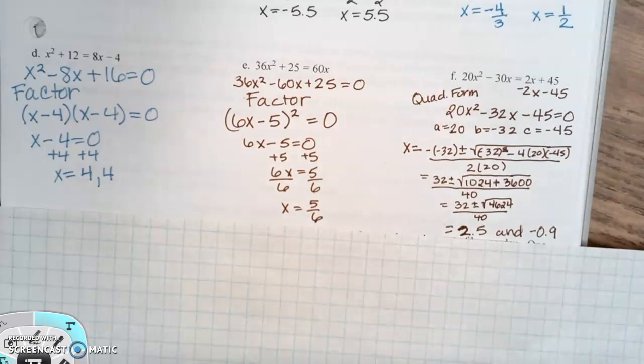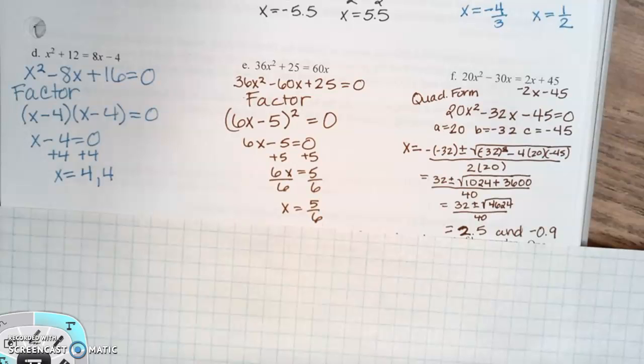Part E is 36x squared minus 60x plus 25 equals 0. This one looks super complicated, like, oh man, I should probably use the quadratic formula on this one. But it just so happens that we have a bunch of perfect squares again, okay?